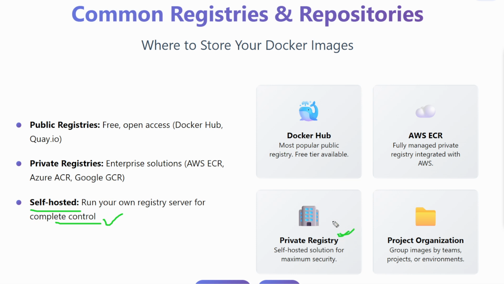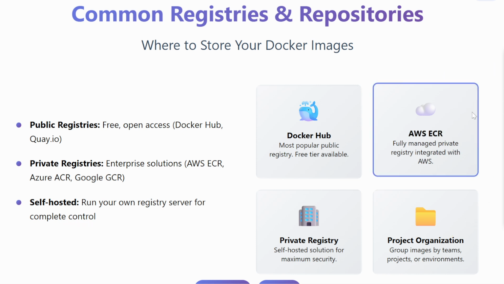Obviously in the free tier we don't have a private option itself, and we need to go with enterprise, where we do have private, but it is paid. And coming to project organization, group images by teams and projects or environment also. Likewise the project will be managed in the organization.